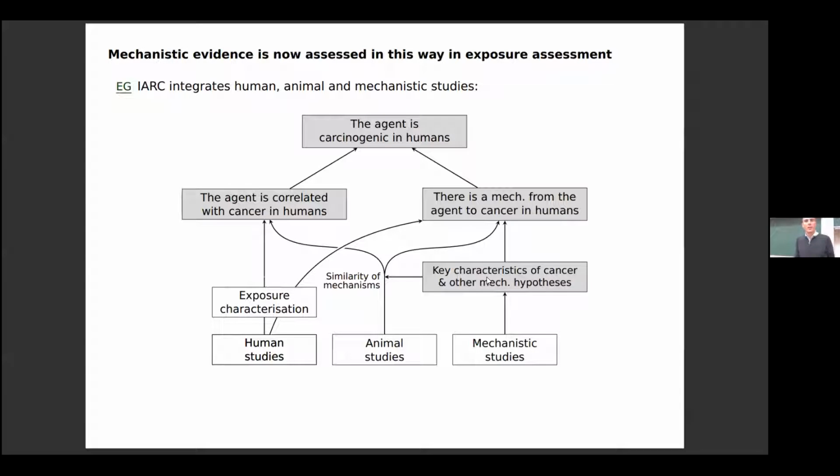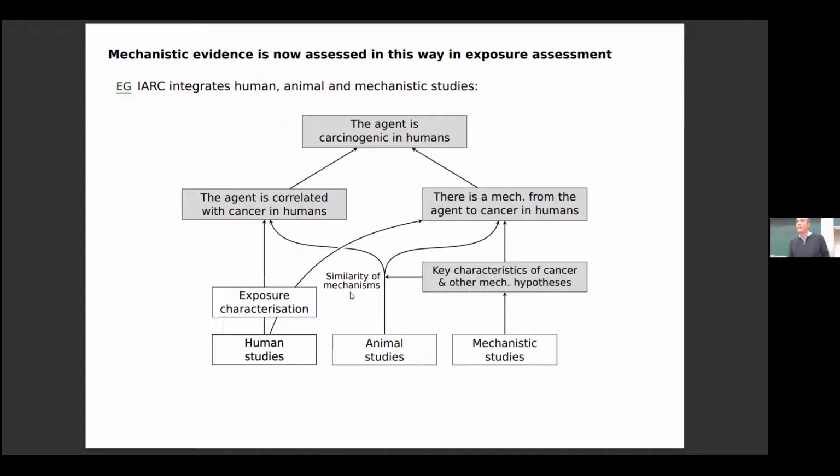And the procedure they use for assessing carcinogenicity now is very much in line with evidential pluralism. They have a working group that looks at human epidemiological studies and assesses that evidence, a working group that looks at mechanistic studies and assesses that evidence, and then a third working group that looks at animal studies.